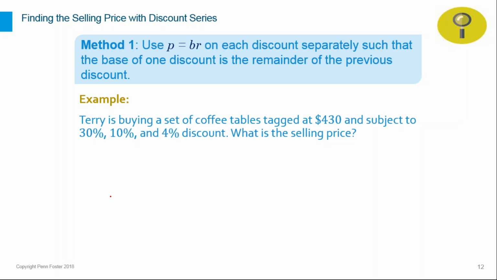So method number one basically will calculate the discount on the tag price individually. So we're going to apply the 30% off on the $430, and then we get a new tag price, and then apply the 10% off, and then we get another tag price, and then apply the 4% off.